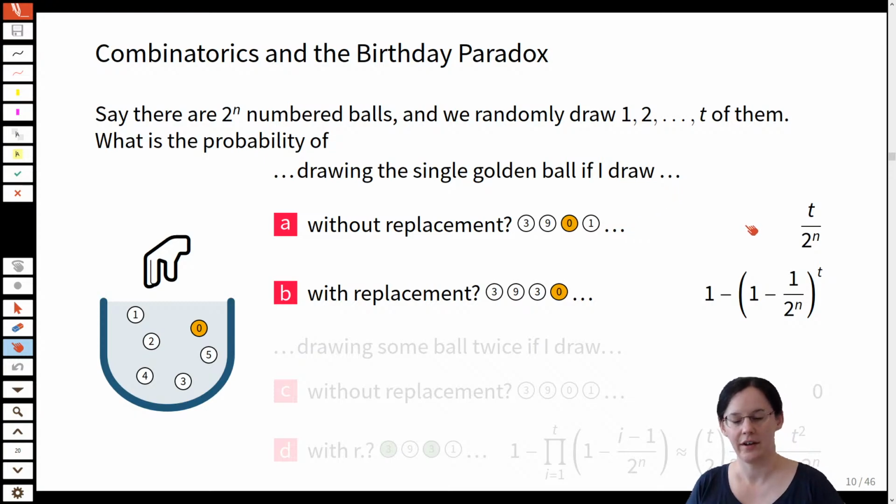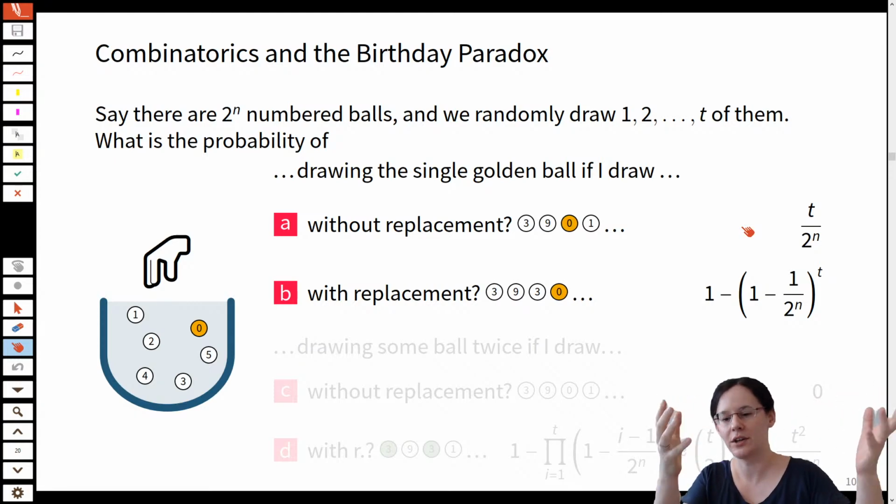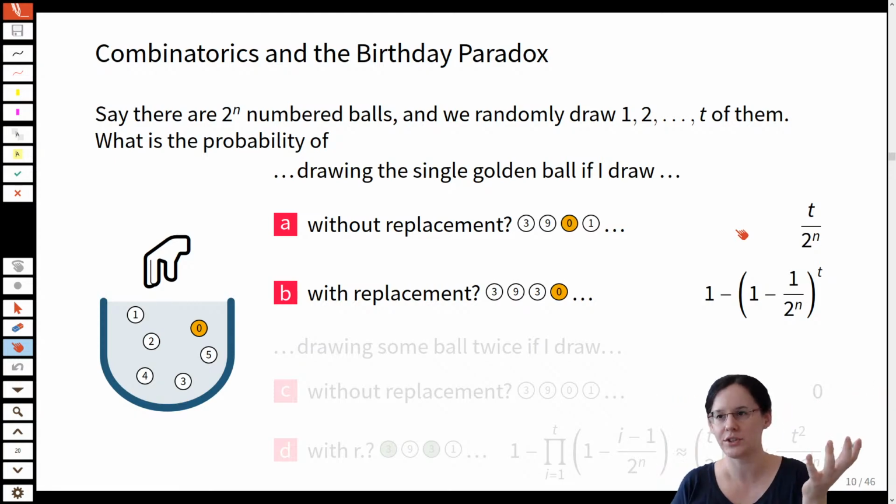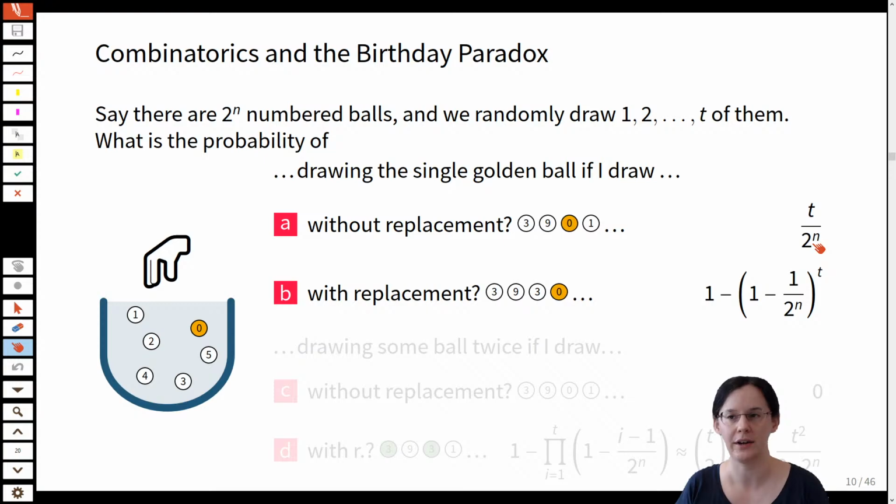So these probabilities usually always have the format, in German, günstige durch mögliche. So the good results we're interested in divided by all possible results. And all possible results for the balls in this case, there are 2 to the n possible results.